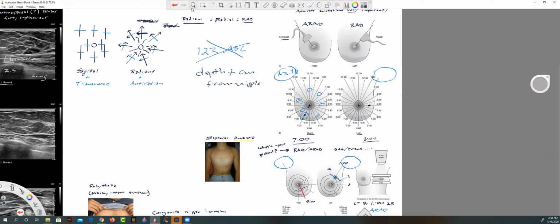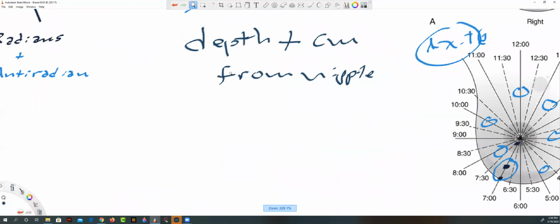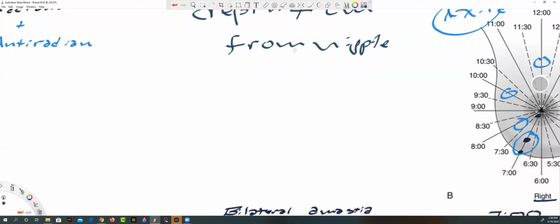Oh boy, I need to zoom in here. In other words, let's use this one right here. This guy right here is now a lesion of the right breast, 10 o'clock, because you're probably still using that. You really should. Upper outer, the quadrants are not very descriptive, or not descriptive enough.